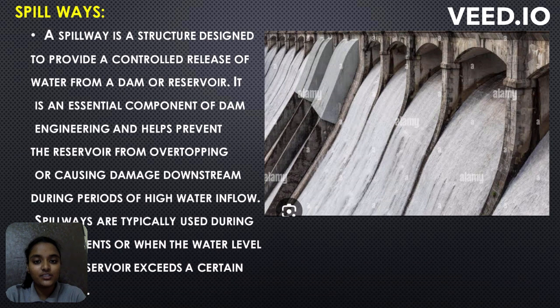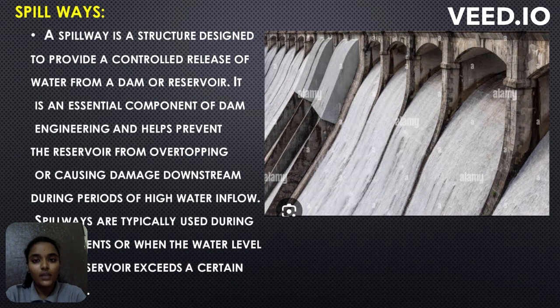It is an essential component of dam engineering and helps prevent the reservoir from overtopping or causing damage downstream during periods of high water inflow. Spillways are typically used during flood events or when the water level in the reservoir exceeds a certain capacity.